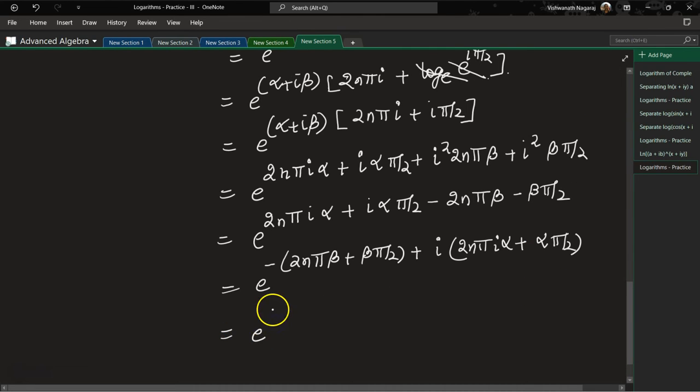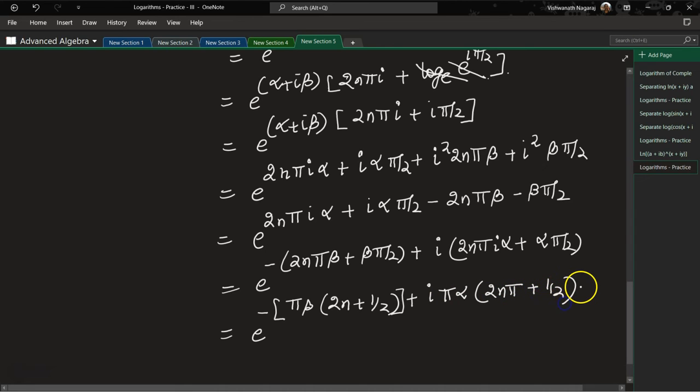Now again minus, pi is common, so pi beta is also common, so 2n plus 1 by 2, plus i, let's close the bracket here. Again here what is common? Pi is common and alpha is common, so pi alpha times 2n plus half.